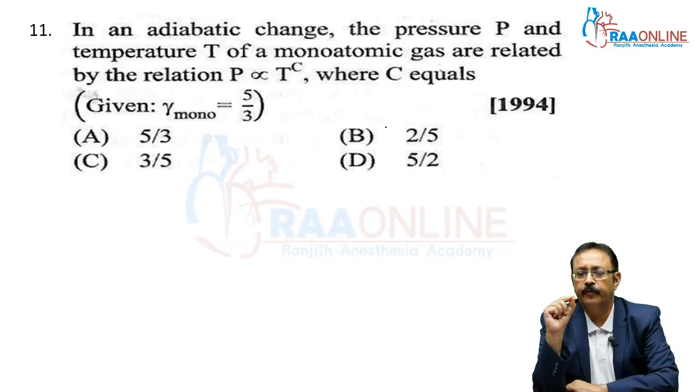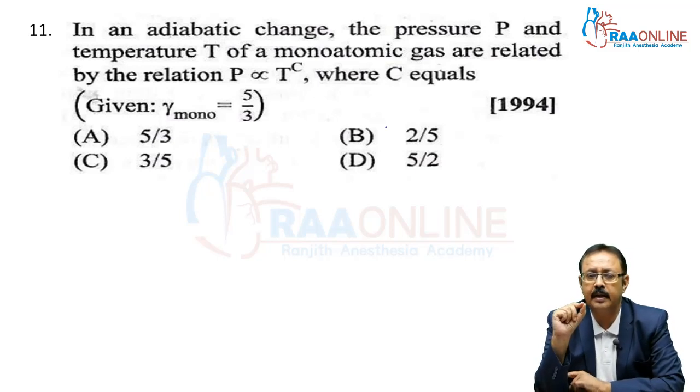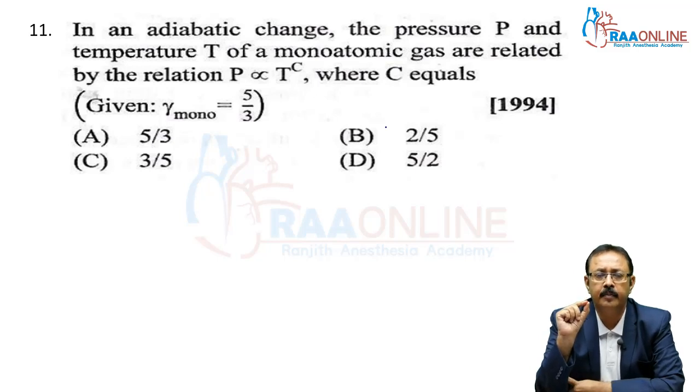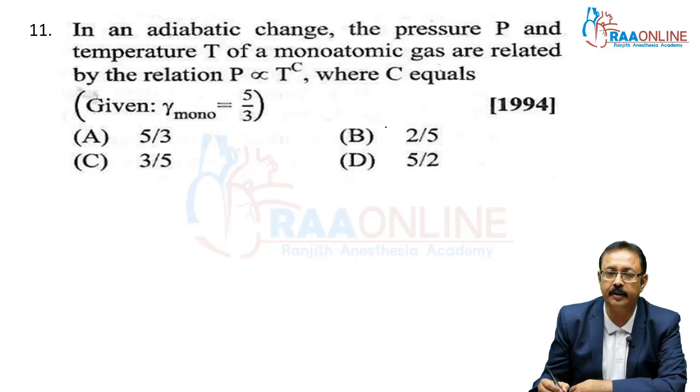Now a problem from 1994 AIPMT. In an adiabatic change, the pressure P and temperature T of a monoatomic gas are related by the relation P proportional to T raised to the power C, where C equals, I told you in theory sheet, in adiabatic process, gas is following a law which is known as Poisson's law.